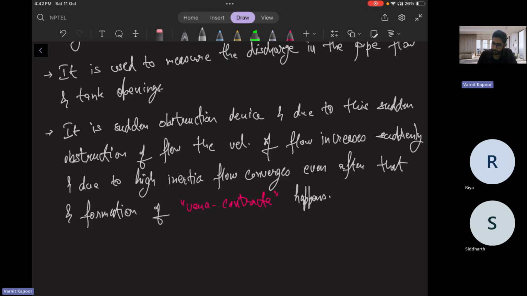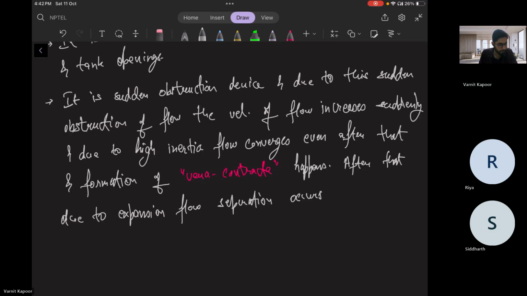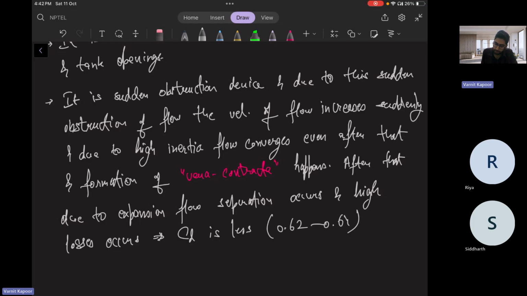After vena contracta, due to expansion, flow separation occurs and high losses occur. So CD is less, ranging from 0.62 to 0.64.